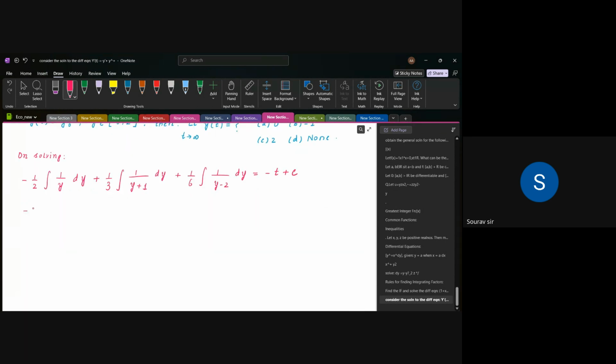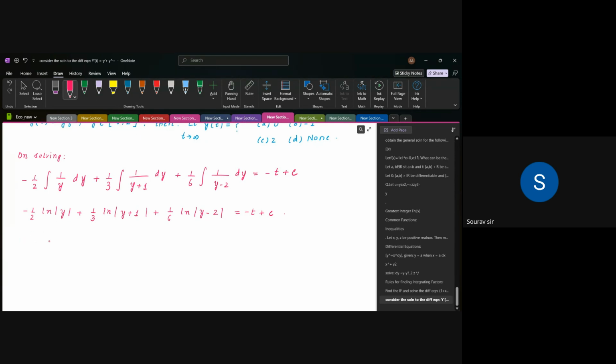So this will be what? Minus half if you complete the solution. Minus half log of mod y plus 1 by 3 log mod of y plus 1 plus 1 by 6 log mod of y minus 2 is equal to minus t plus c, right?